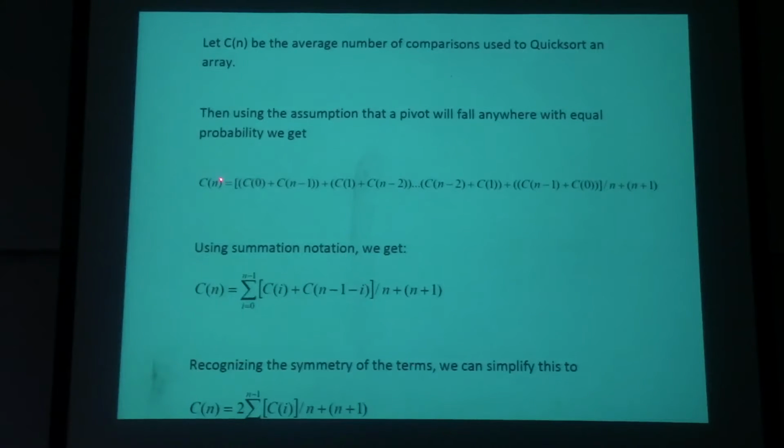So now, what we have is we're saying the average number of comparisons on this one is simply all the possible ways that the pivot can fall at level 0, and this is all the possible things that can happen with level 1. Is that correct?